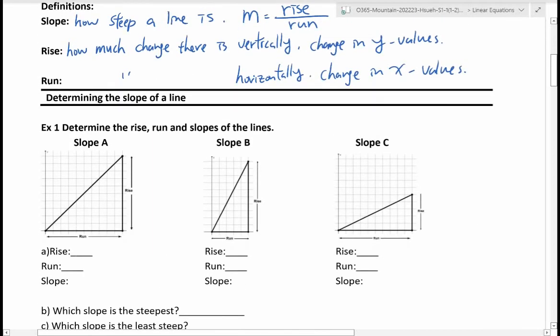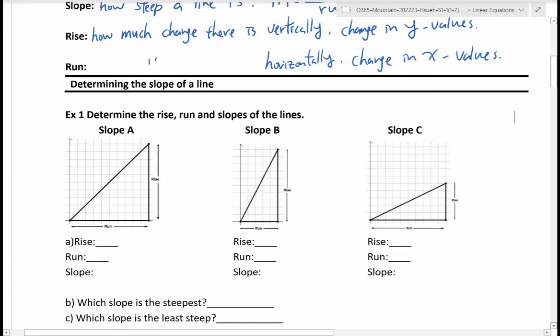Okay, so let's look at some examples here. We have 3 lines here. You can see there's first line, second line, and third line, and that they have 3 different slopes. You can see each graph shows you the rise and the run. So let's figure out what the rise and the run is for each of those 3 graphs. For the first one, because usually we graph from left to right, we're going to count from this point to that point. Counting from left to right, this is going up.